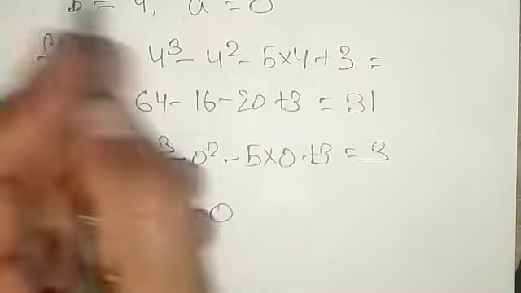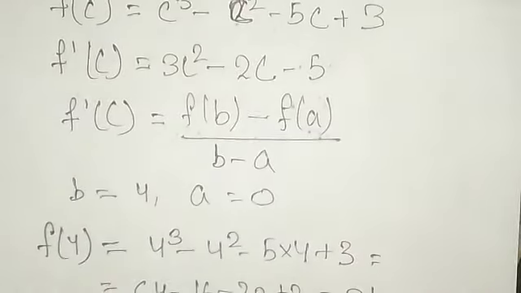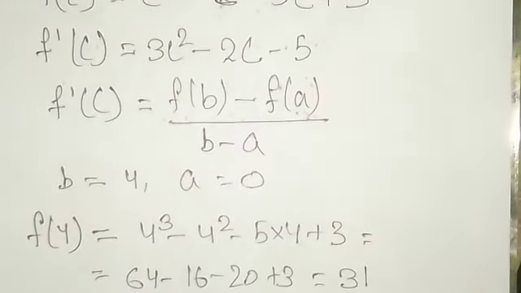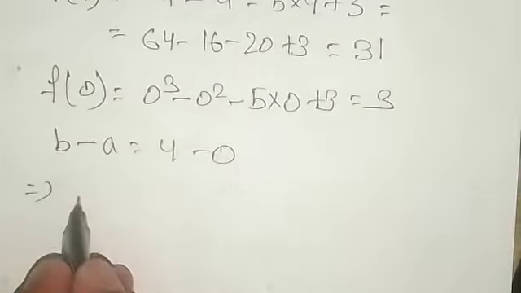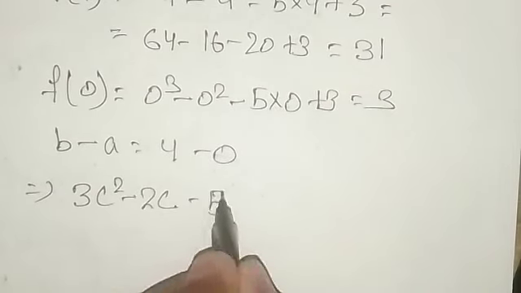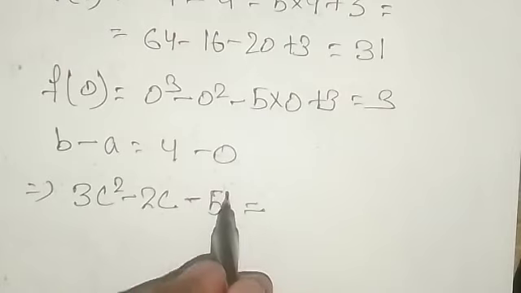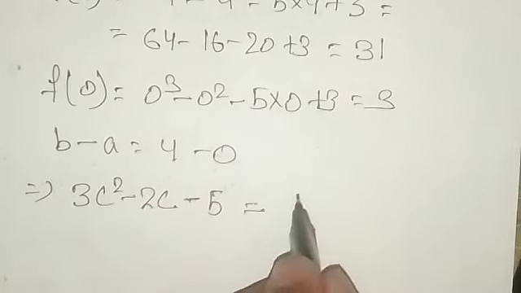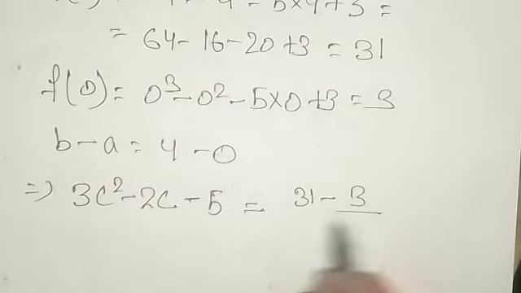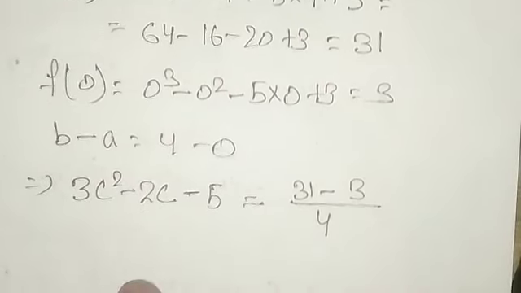So now we can say f dash of c is equal to what? f dash of c is equal to this, we have substituted, and f dash of c is this one. So we can say 3c square minus 2c minus 5 is equal to f of b, which is 31, and f of 0 is 3, by 4, right?